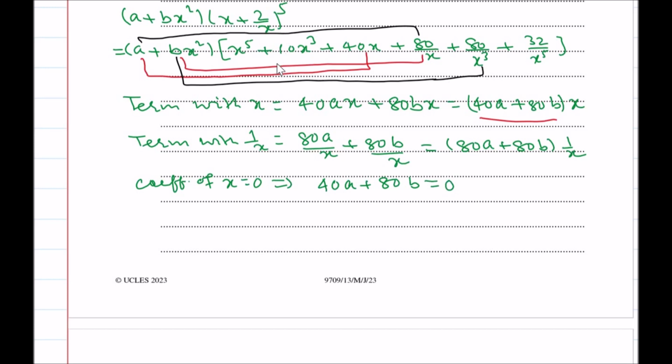Now the coefficient of 1 by x is 80. So coefficient of 1 by x, what is here? Here 80a plus 80b. So let us write coefficient of 1 by x is equal to 80. This implies that 80a plus 80b is equal to 80.